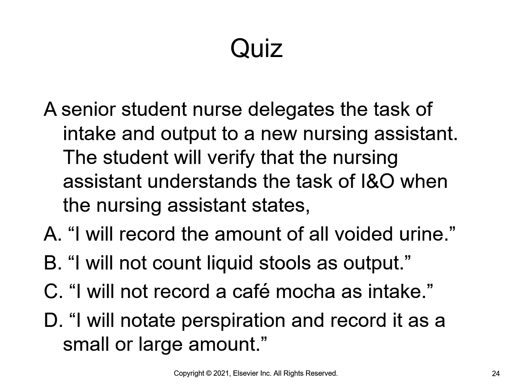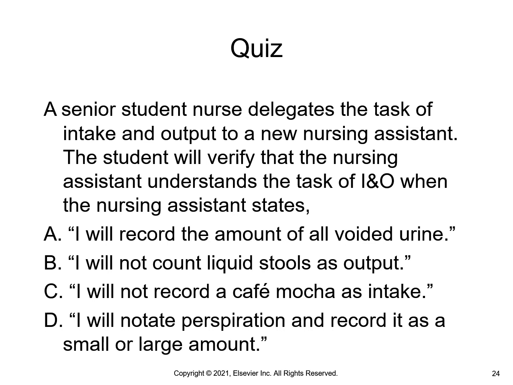A senior nursing student delegates the task of intake and output to a new nursing assistant. The student will verify that the nursing assistant understands the task of intake and output when the nursing assistant states, "I will record the amount of all voided urine.